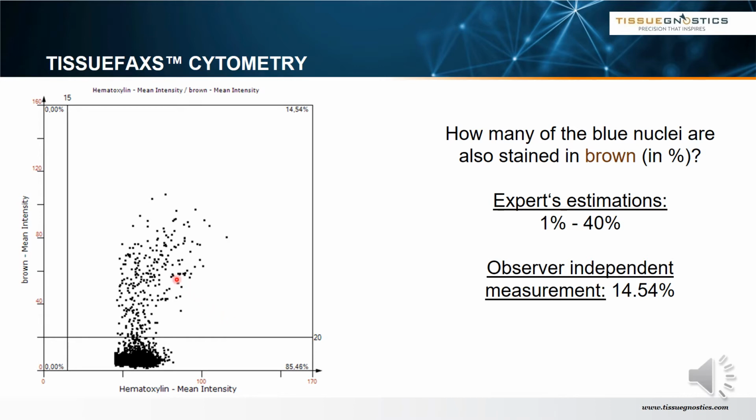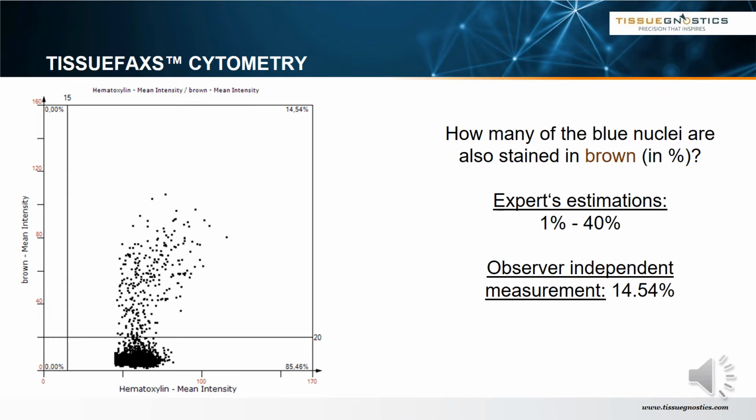Each individual dot that we can see here is a single cell in a tissue section. Those cells which are below the cutoff are considered the negative population, and the cells above the cutoff with a specific staining represent the positive population.